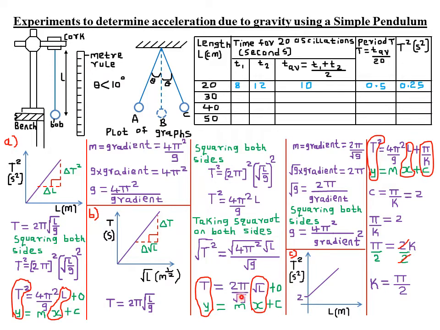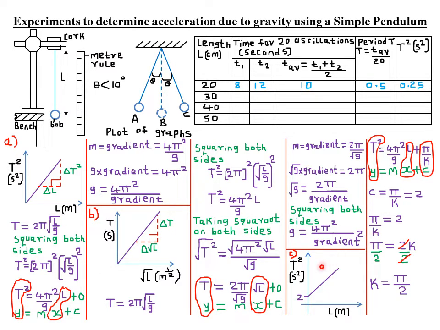Like for this graph here, as you can see, it is starting from 0, 0. That is why my value of c is also 0. But if your graph is cutting the T squared axis or the y-axis at some point other than 0, 0, for example, at a point 2, then we expect your equation to be T squared equals 4 pi squared L over g plus a given constant. For example, in this case, the constant is pi over k.